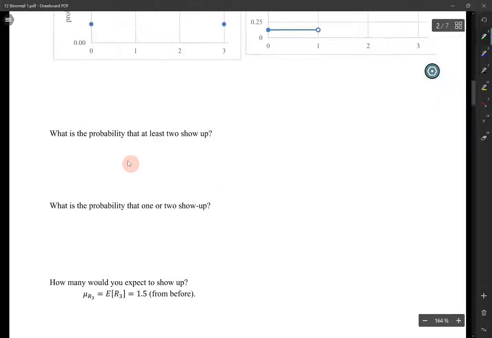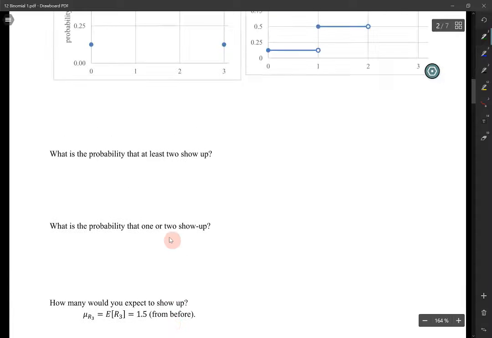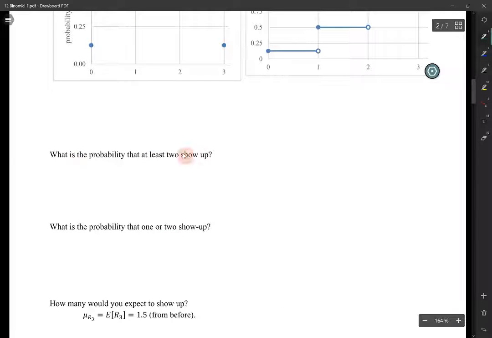So here we ask a few more questions. What's the probability that at least 2 show up? What's the probability that 1 or 2 show up? And how many would you expect to show up? So what's the probability that at least 2 show up?